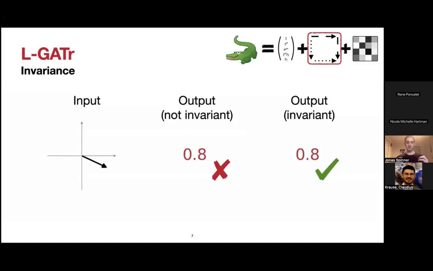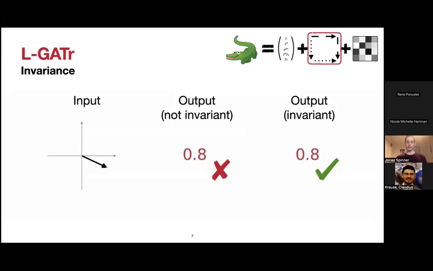But now before we go into how we construct all the layers, I will quickly explain what equivariance means. And for that, we first need the concept of invariance. So if we have an input to our network, which is some kind of vector, then invariance means that the output stays constant if we perform any symmetry transformation on the input.